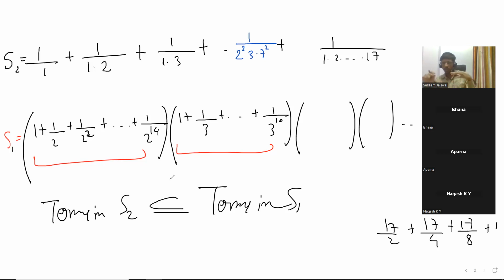Because S1 kind of has all combinations of powers. 1 by 2 raised to 14 into 3 raised to 10. That will come in the last one. If you take the maximum ones, you will not succeed, I think. You will always get them in the last term. That is not a problem. So this 3 raised to the 10, you understand what that means. It's probably not 10, but we can just calculate it.